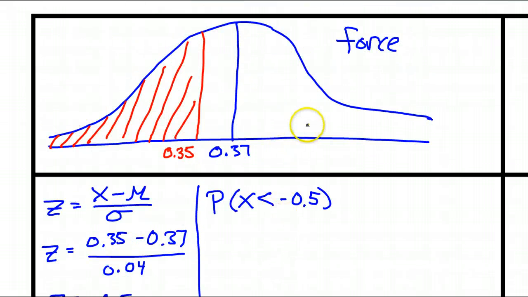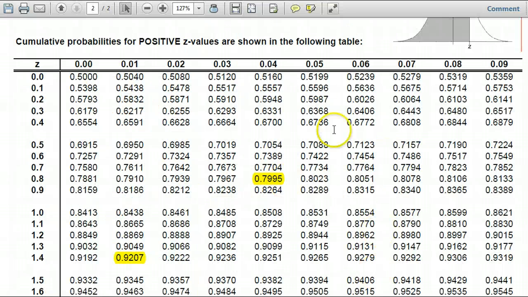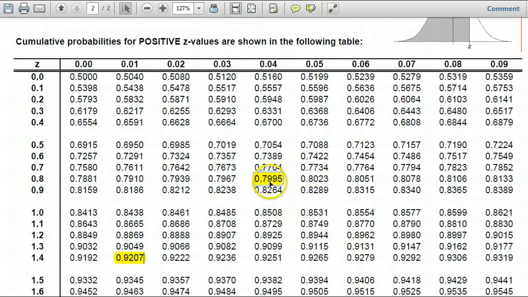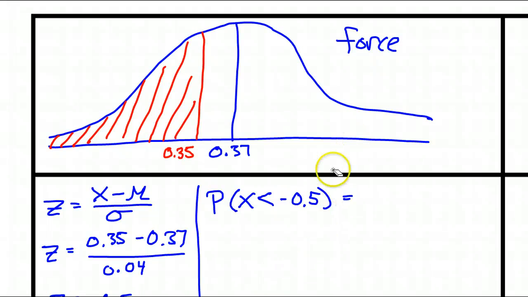Now we have to be very careful. Sometimes we have to do 1 minus the table value, and sometimes we can just use the value straight off the table, just the way it is. Is this one of the cases where I need to do 1 minus the value, or can I just use the value that I find? I can just use the value that I find.